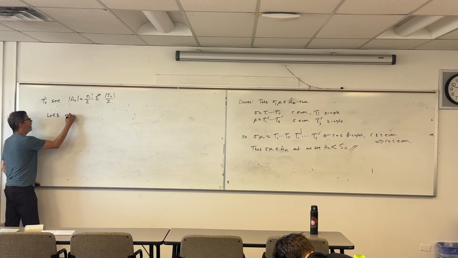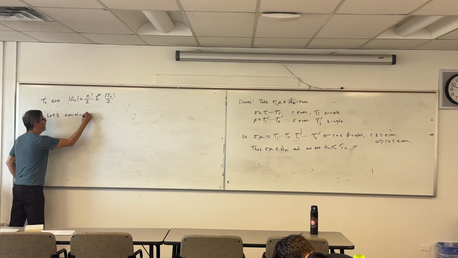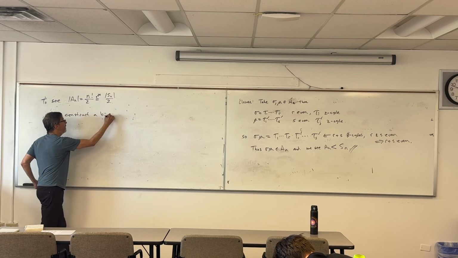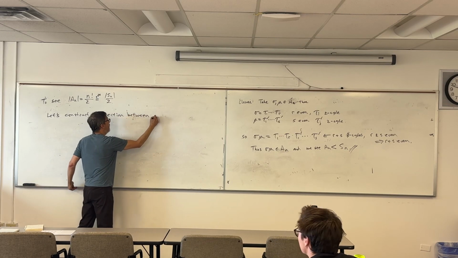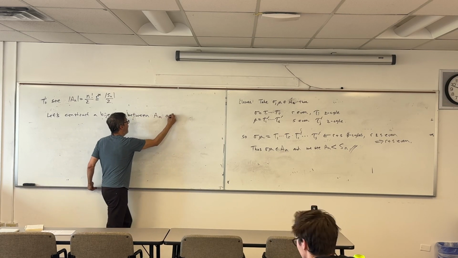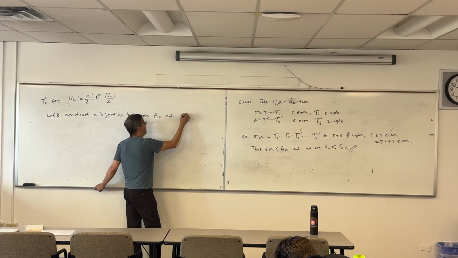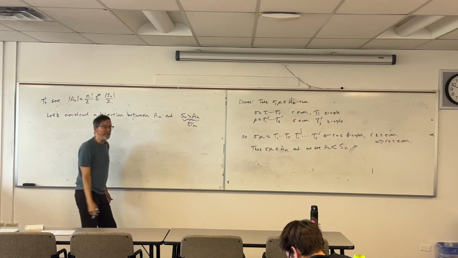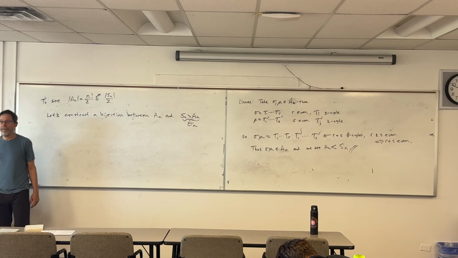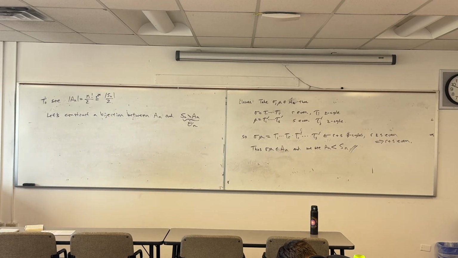Let's construct a bijection between A sub n and S sub n minus A sub n. So let's actually call that O sub n for the odds. That's a minus sign.